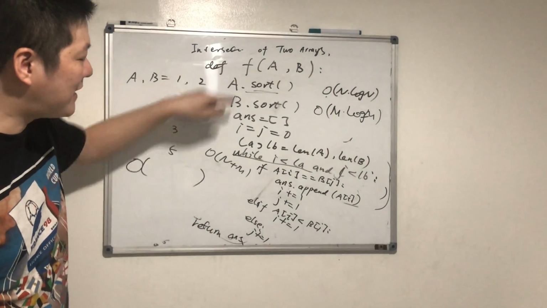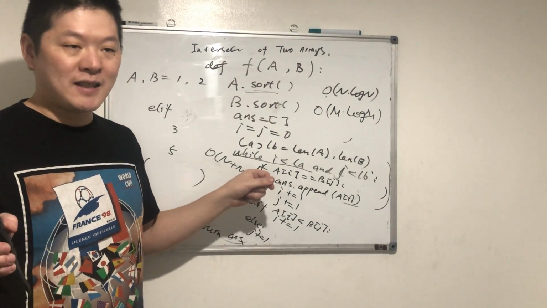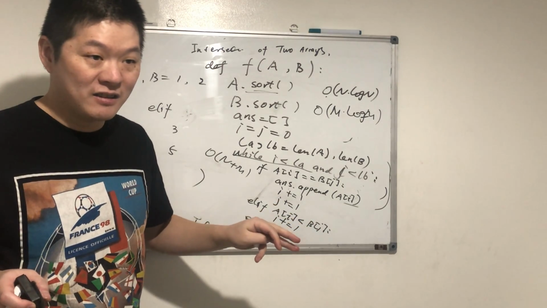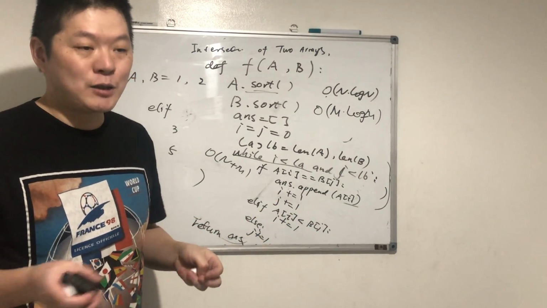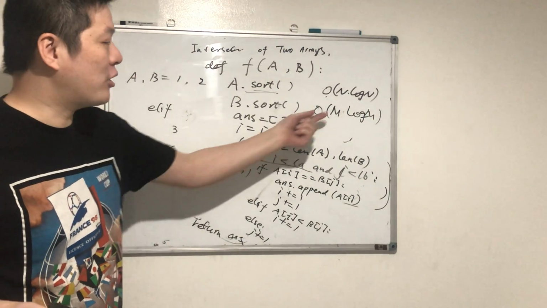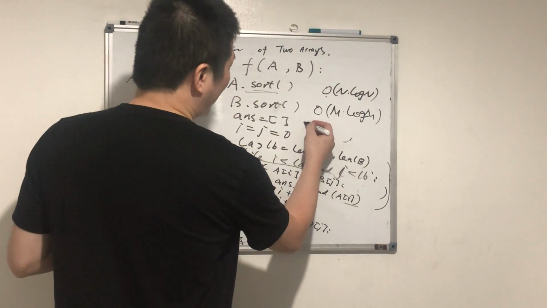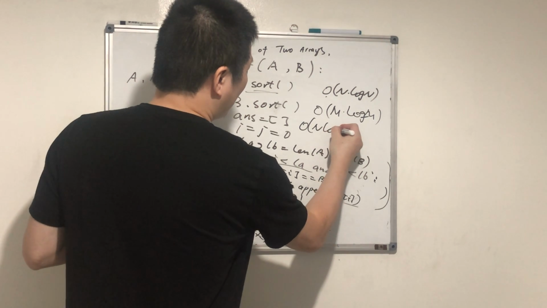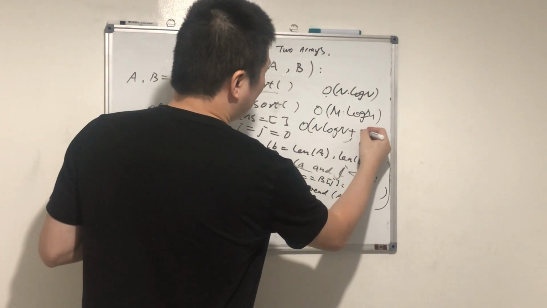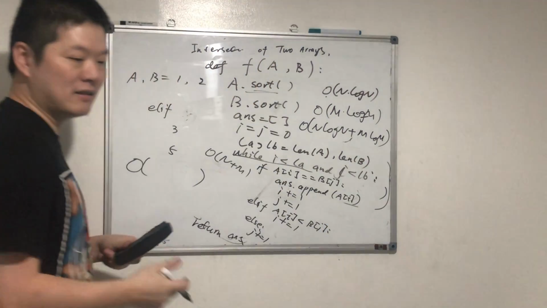So you add it together, but you discard the trivial one, the smaller part, which is this part. This is smaller than this. So the time complexity is O n log n plus m log m. Got it?